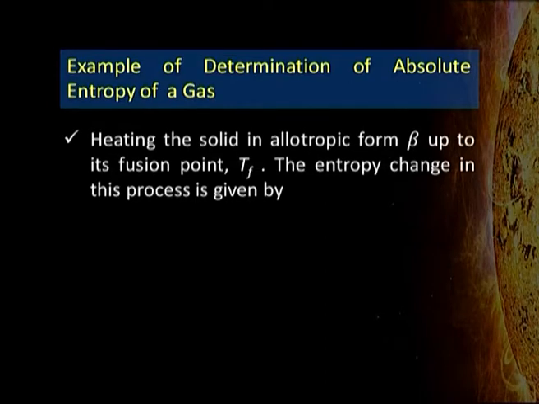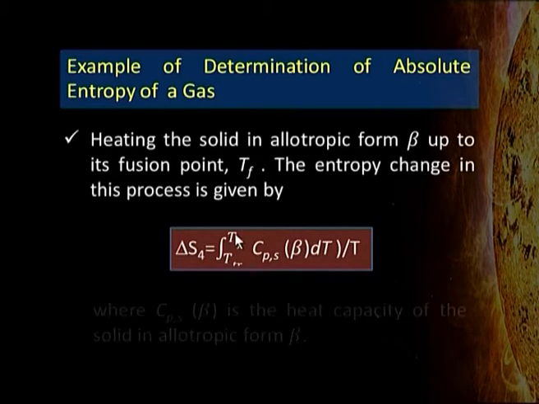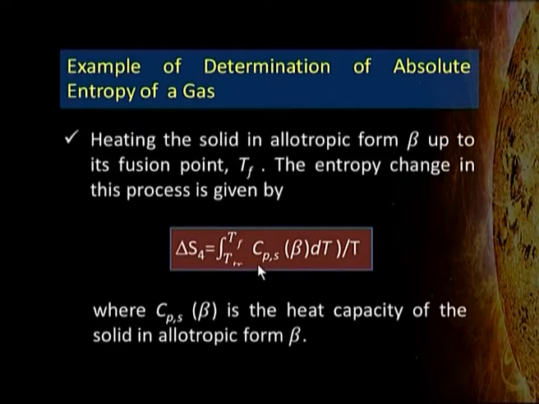The entropy change in this process is given by delta S4, and delta S4 will be equal to the integral of Cps beta divided by T dT within the limits T Tr and Tf. Here Cps beta is the heat capacity of the solid in allotropic form beta.